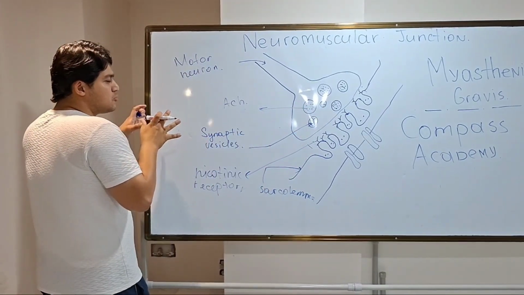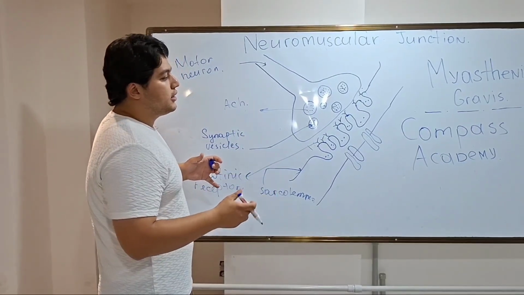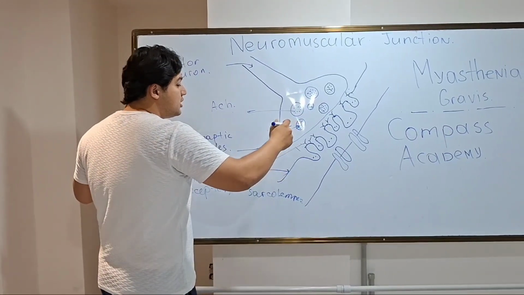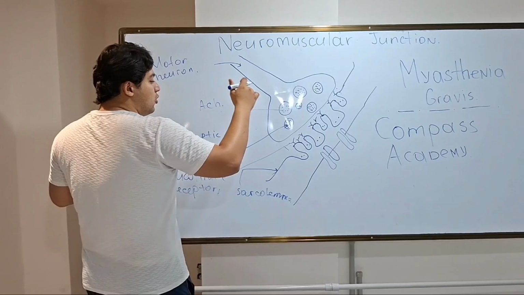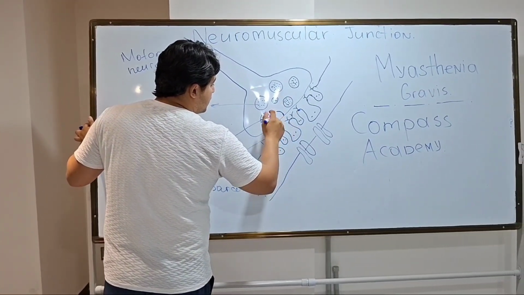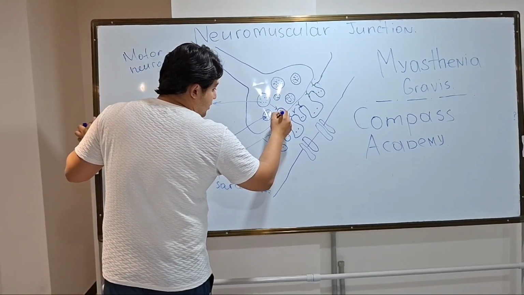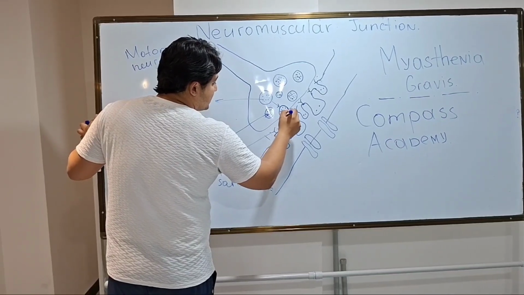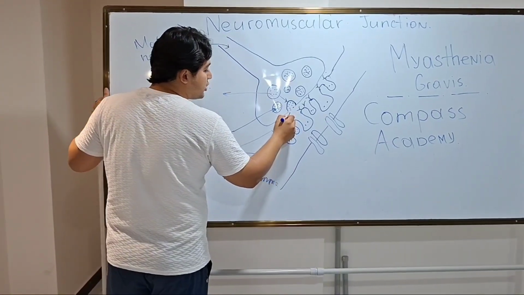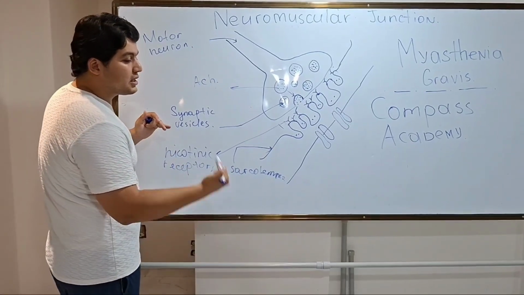Synaptic vesicles are composed of many proteins, like SNARE proteins, synaptotagmin, and so on. It will go to the terminal part and release acetylcholine. Acetylcholine will go and act on the nicotinic receptors, and then we can see muscle contraction.